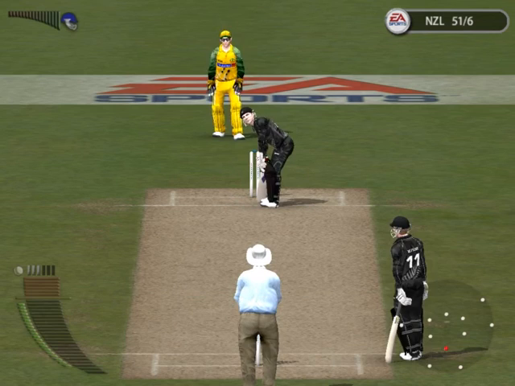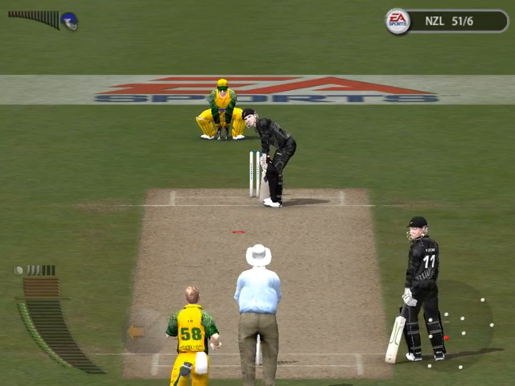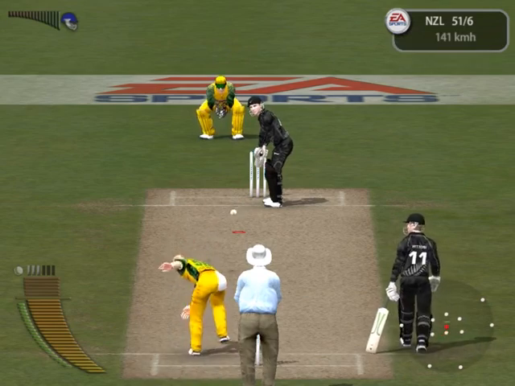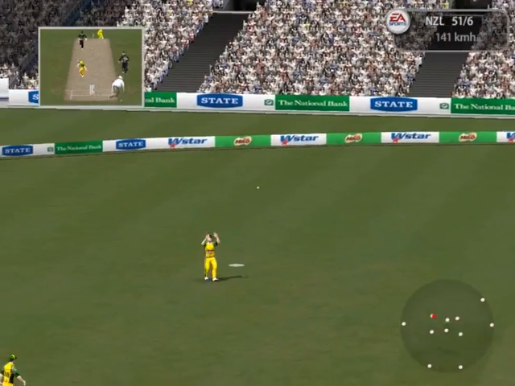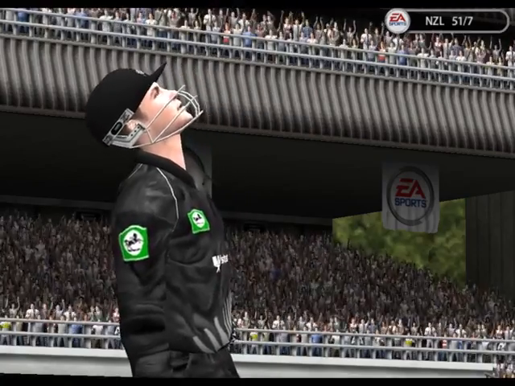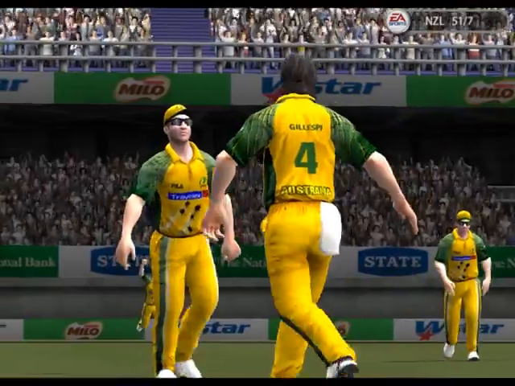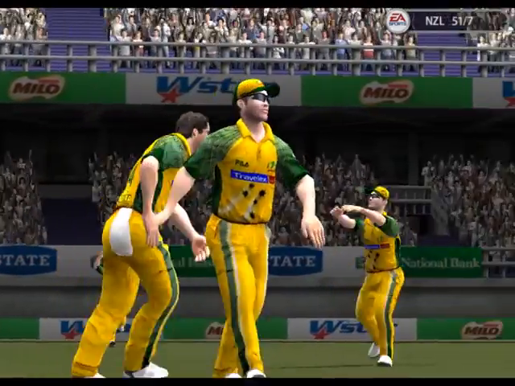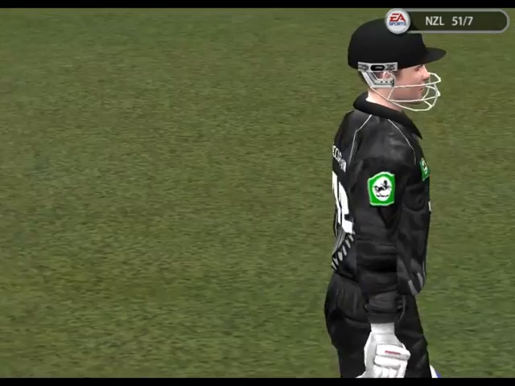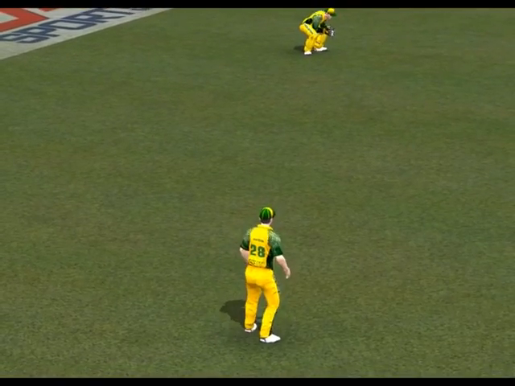McCullum facing. Outstanding catch. That was an important catch. He did very well to hang on. Lee gets his second wicket. This was the end of the innings for McCullum.